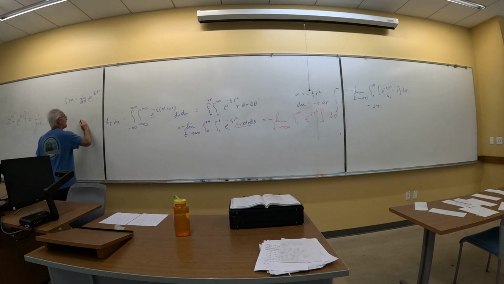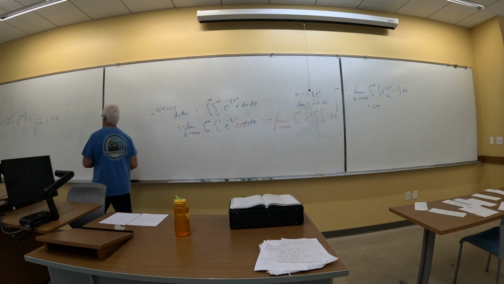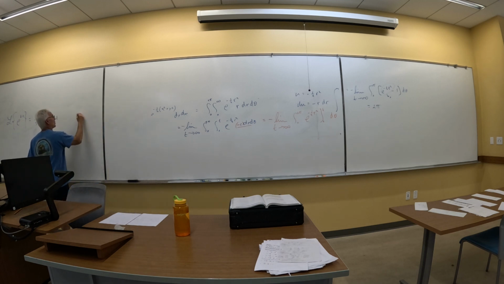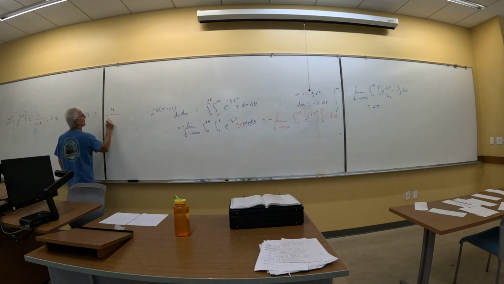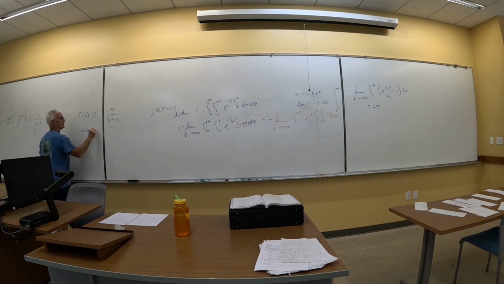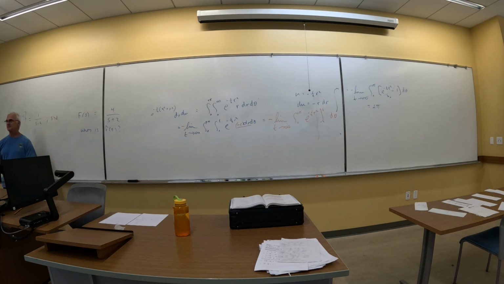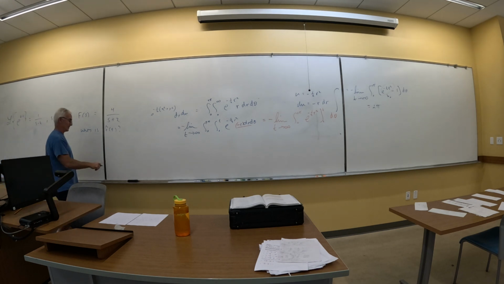So now, let's keep it simple, I have the function, we'll call it capital F of s. I have the function 4 over s plus 2. What is little f of t? What function did I take the Laplace transform of?